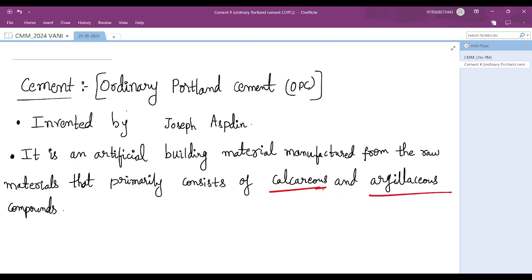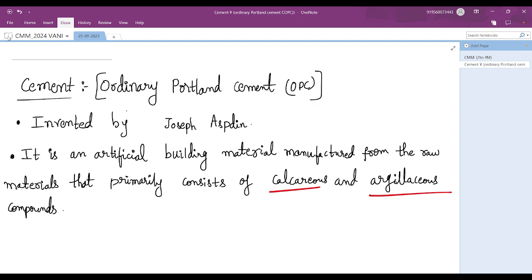So from this, what is very clear? Raw materials of cement are broadly classified into two types: one is calcareous and the other is argillaceous.